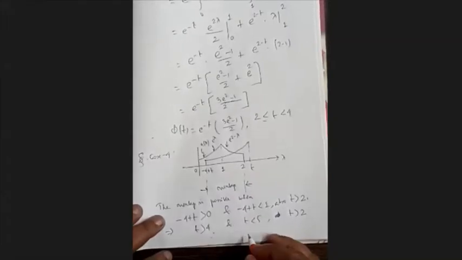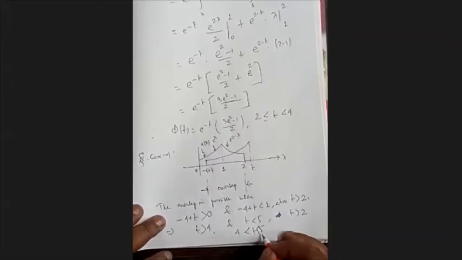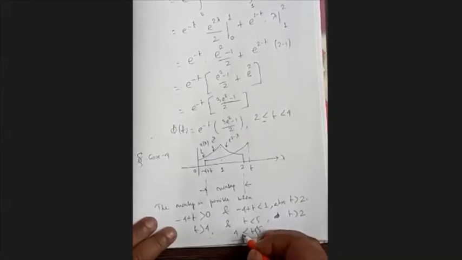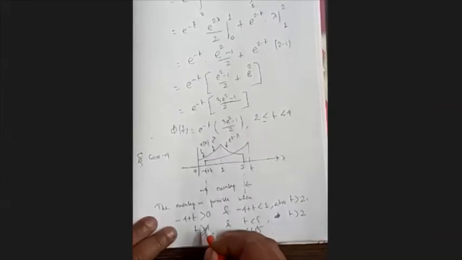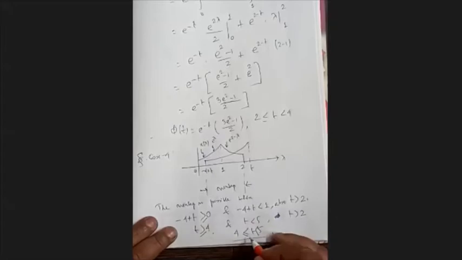Note that when t is greater than 4, t greater than 2 is automatically satisfied, and t less than 5. So our t is in between 4 and 5. That condition will be satisfied. But we have to place one equality. So put equality here, here, and here. Clear? So that is the range.